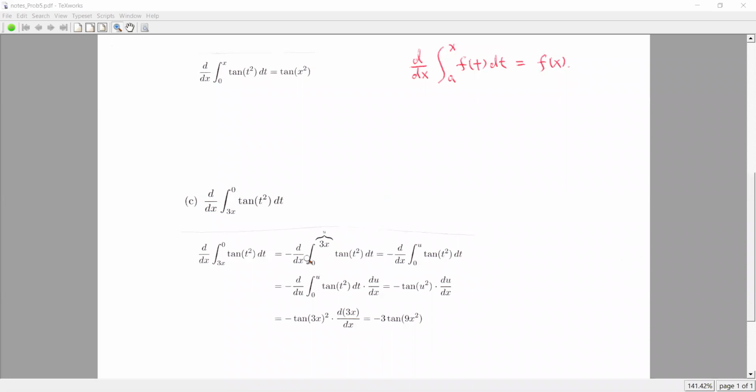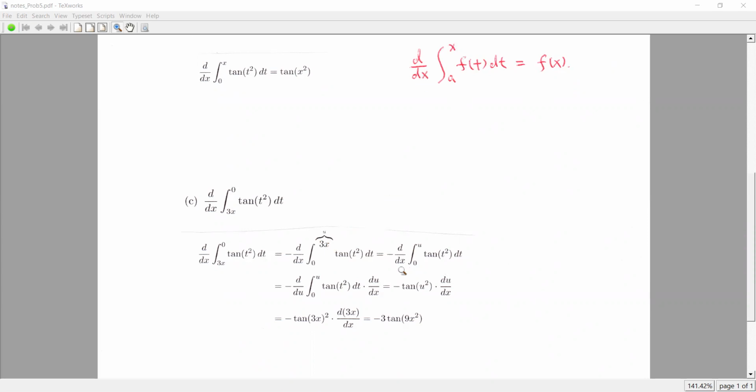Now, the lower limit is a constant, but the upper limit is 3x, not just x. To overcome the difficulty, I let u be 3x. Then I have this equation. But now we still cannot use this formula because this formula requires here is x and here also x.